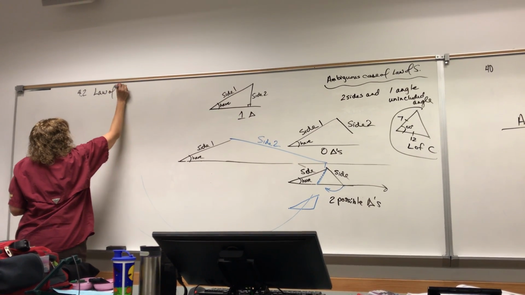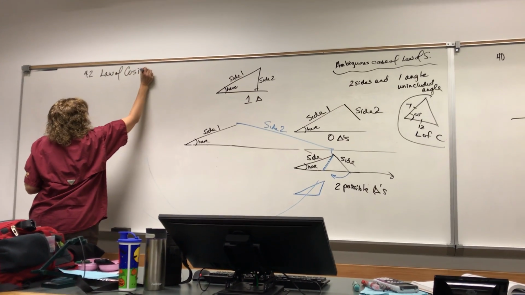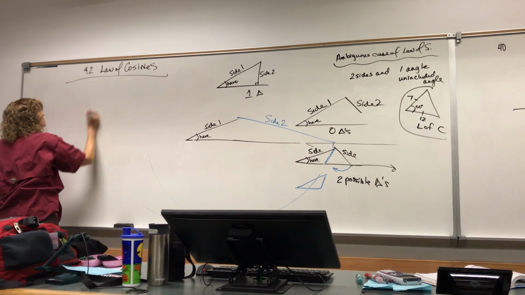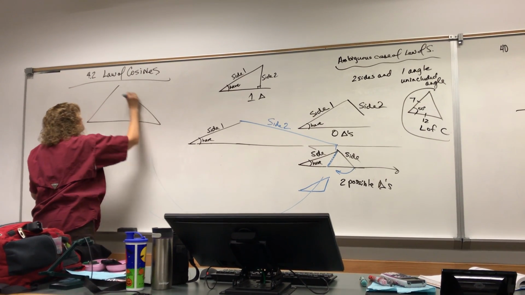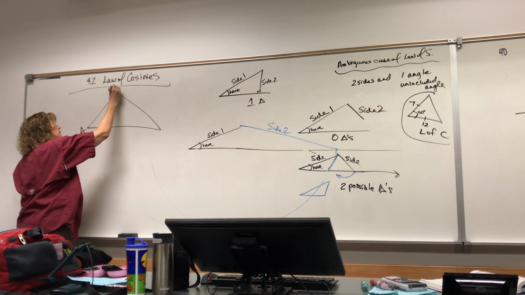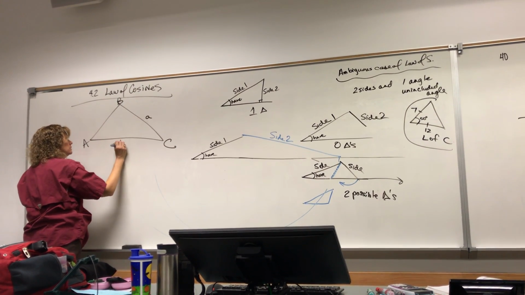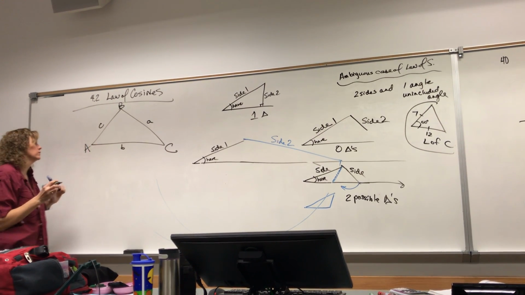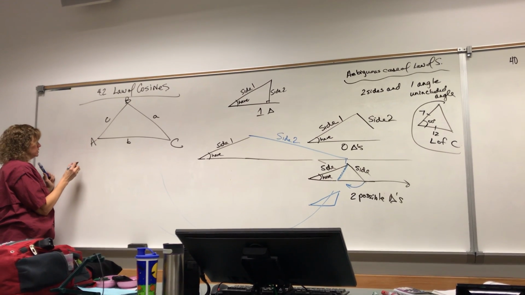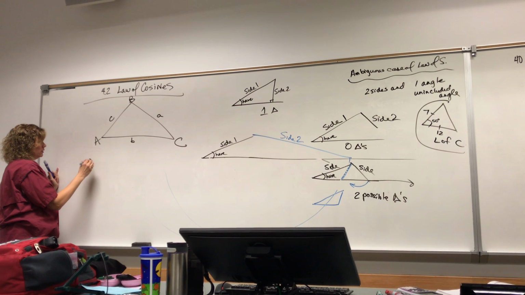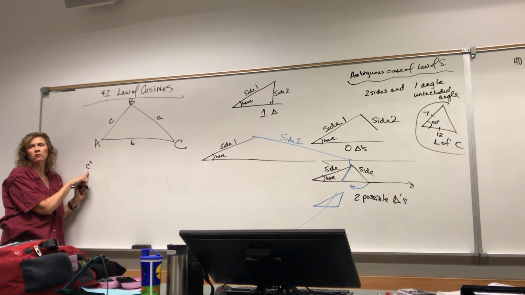Law of cosines. A, B, C. Little a, little b, little c. All right, the law of cosines. c squared. Does it make sense that we would square a side?